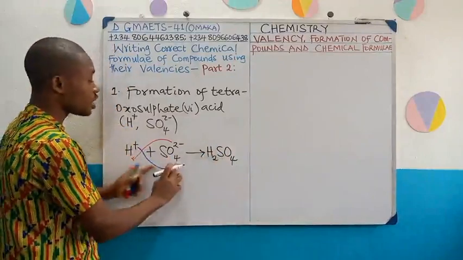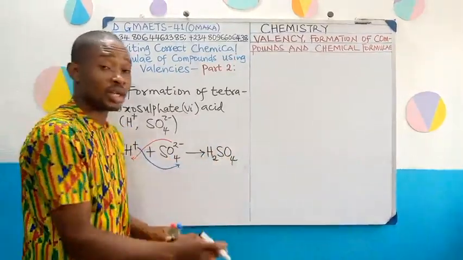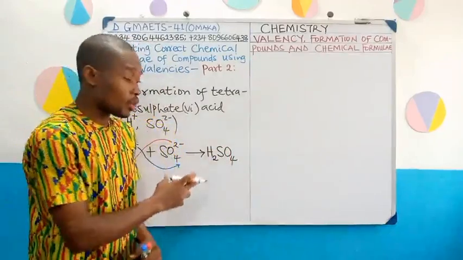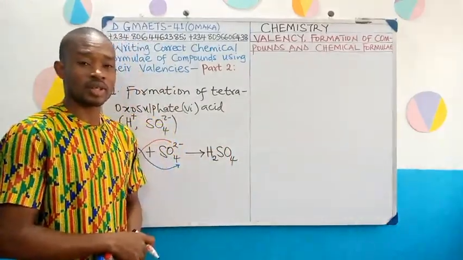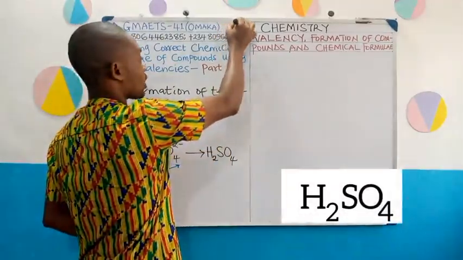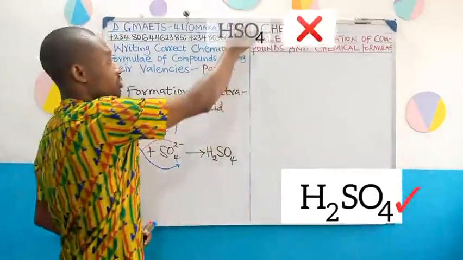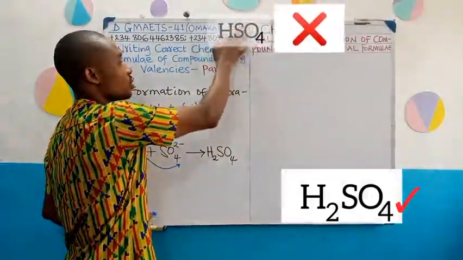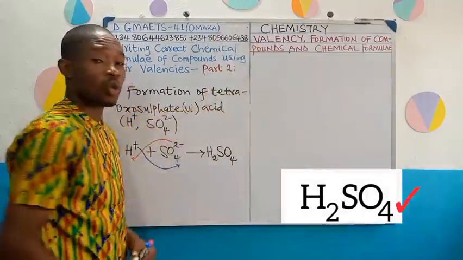Remember that hydrogen gave 1 to this SO4, and usually we don't show 1. I've said that before. So you see how tetraoxosulfate 6 acid is written. Therefore, never write tetraoxosulfate 6 the wrong way; it is very, very wrong. It's always H2SO4.